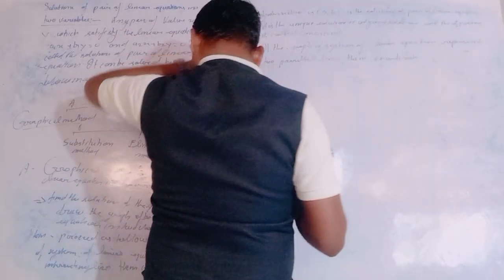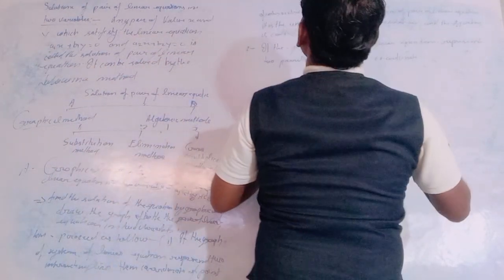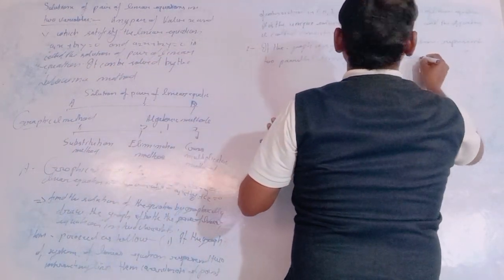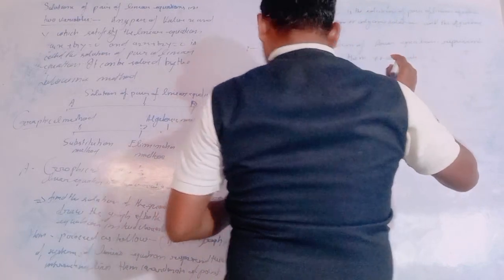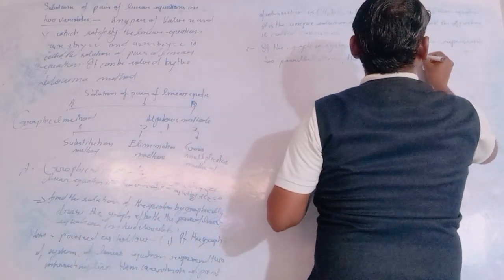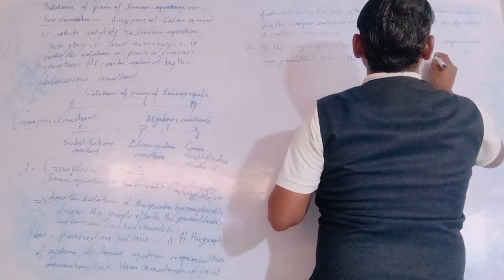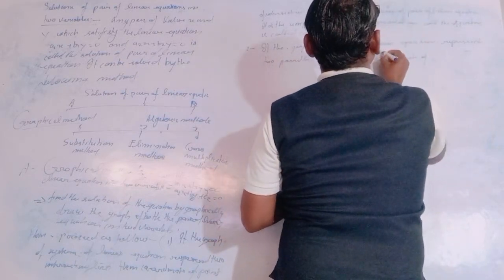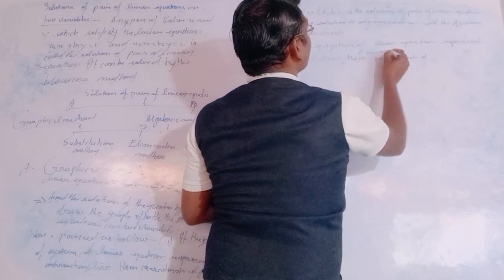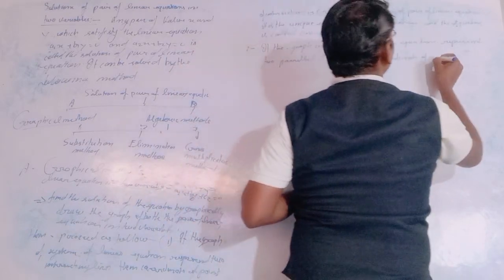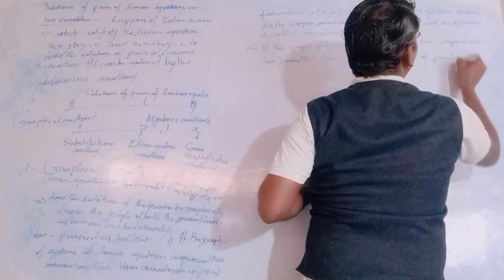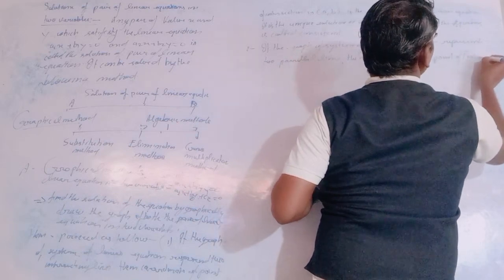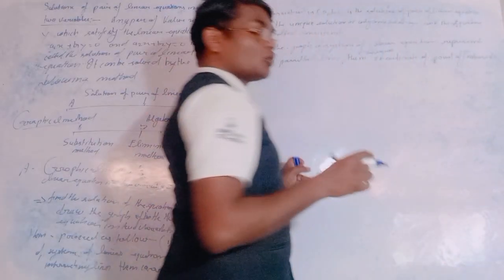Okay, so there is no coordinate of a point of intersection.